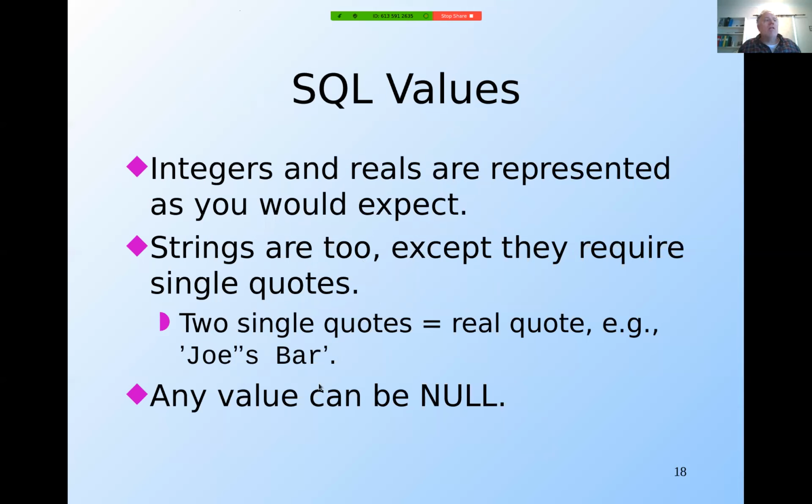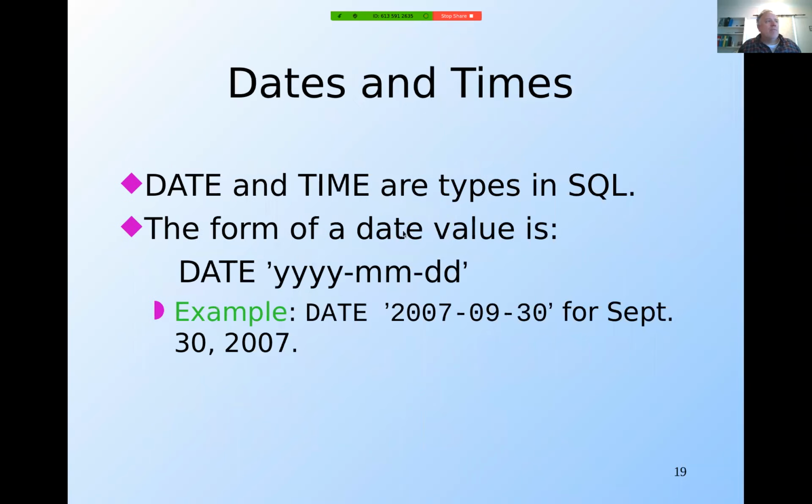Any value can be a null. So null is that special thing we talked about before. Dates and times have a literal value in the database, with date and then this format here. So what's nice about this format, by the way, 2007-09-30? Why do we represent it that way? Can anybody think?